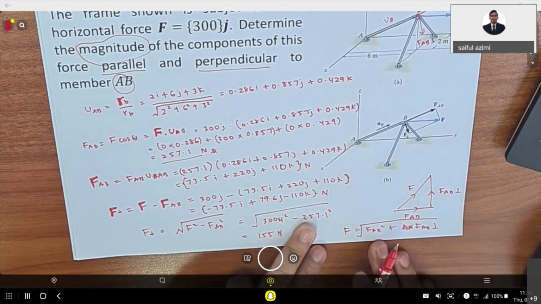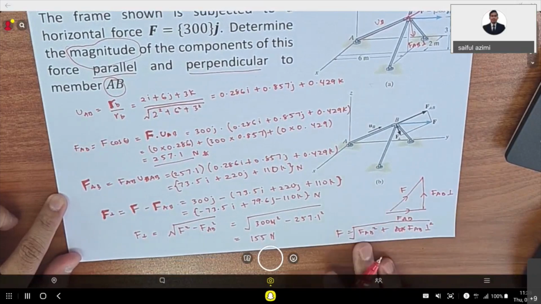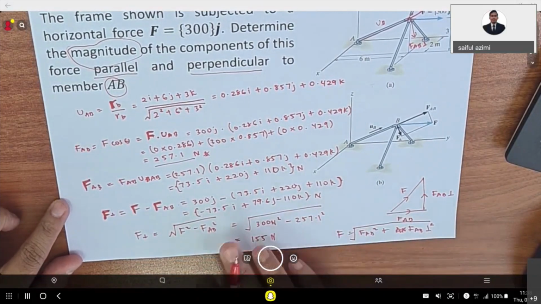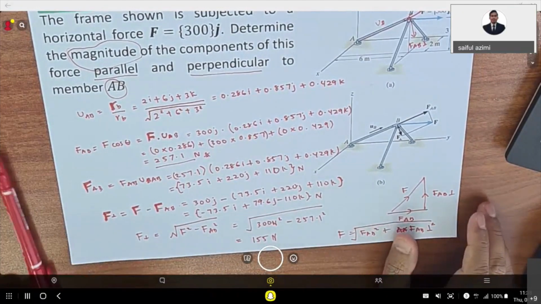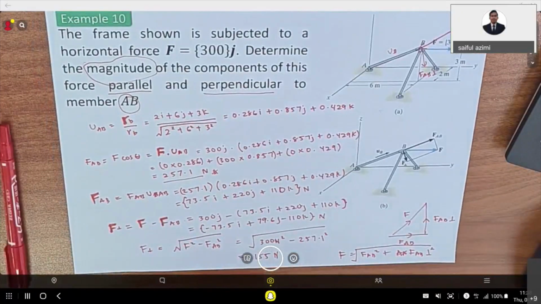So this is the Pythagoras theorem for F. All right. So if you want to find FAB, you can just do the same thing. Next, can you understand this example? Or do you want me to repeat some parts?